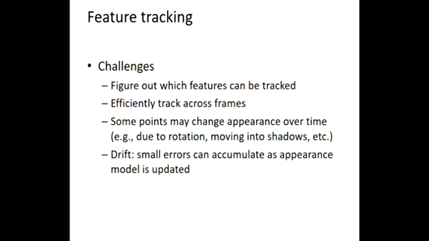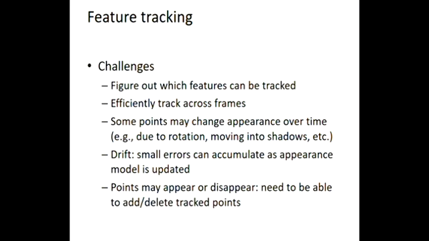Over time, your points can latch on to the wrong features. So drift means that small errors accumulate as the appearance model is updated. That happens very frequently. Another major difficulty is that points can appear or disappear. A point that you're tracking might move behind an object, or the object that it's on might rotate.